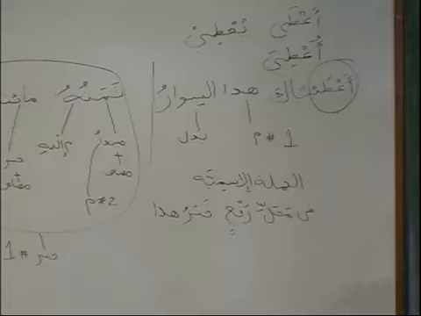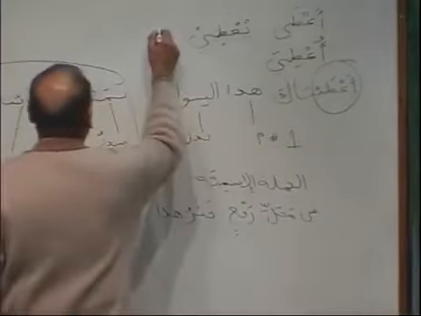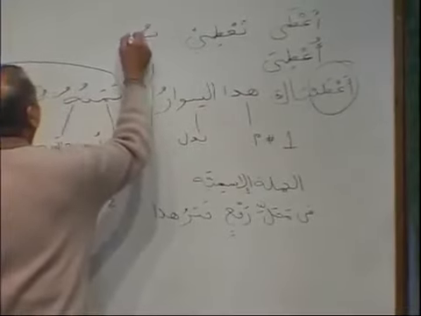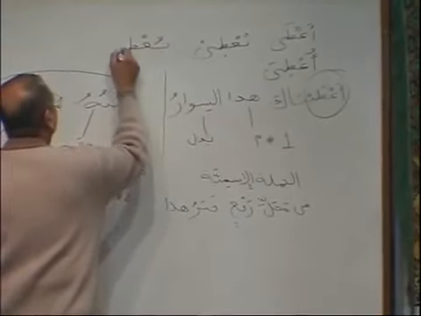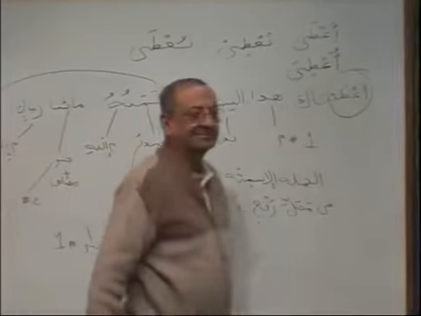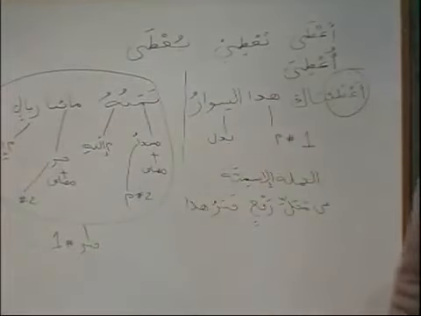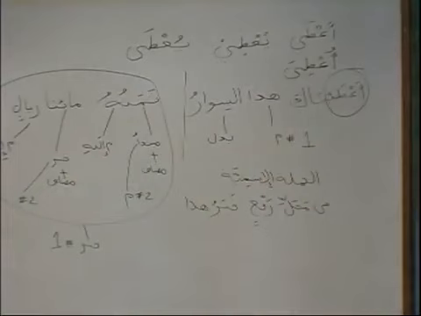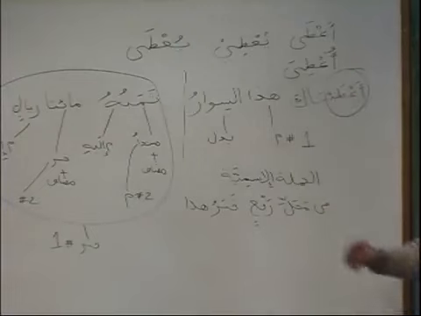Very simple, brother. Very simple. The rules you will remember, okay? In Madi, Ain Kalima gets Kashra.